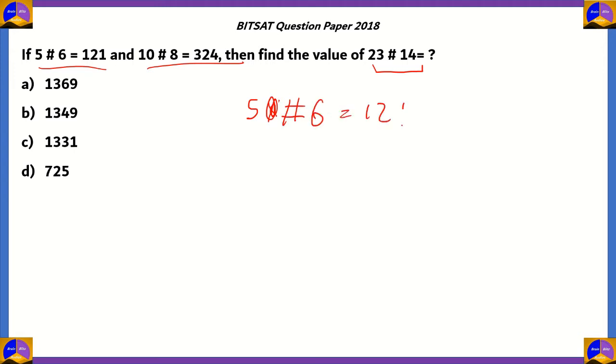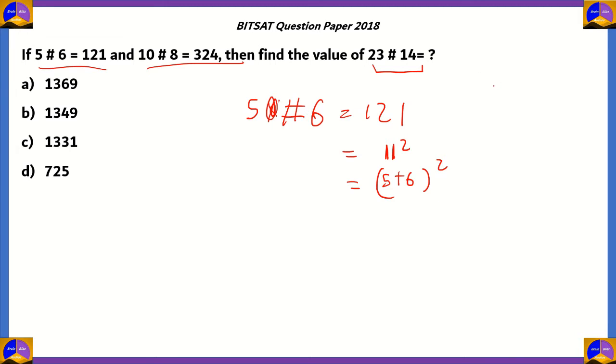is 121. Now remember that 121 is a perfect square. So 121 can be written as 11 squared, and we also know that 11 is 5 plus 6. So 5 plus 6 the whole square is the result of the operation hashtag.